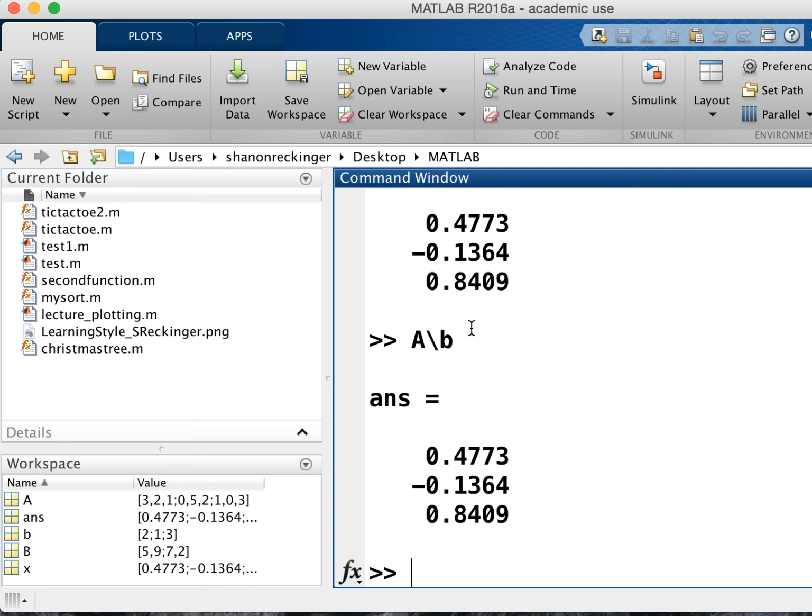A flop is a floating point operation, so it's any multiplication, division, addition, subtraction, where n is the number of equations. Inverting a matrix takes 4n cubed over 3 flops. So it's twice as fast, twice as less. It's not great, but it's better.